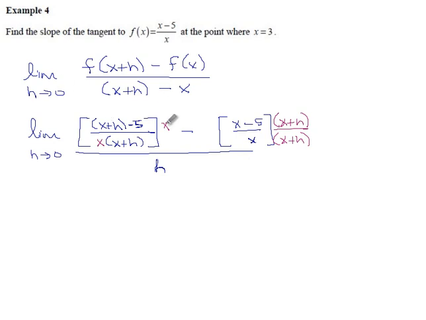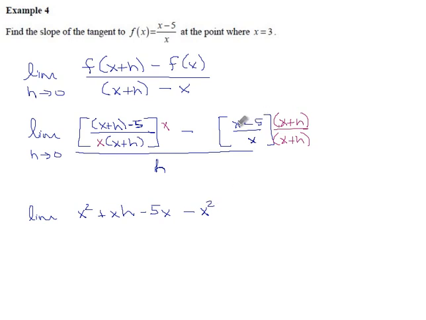For this first piece, the x multiplies through, and so we're going to get x times x, x times h, x times minus 5. Now we get minus x times x.